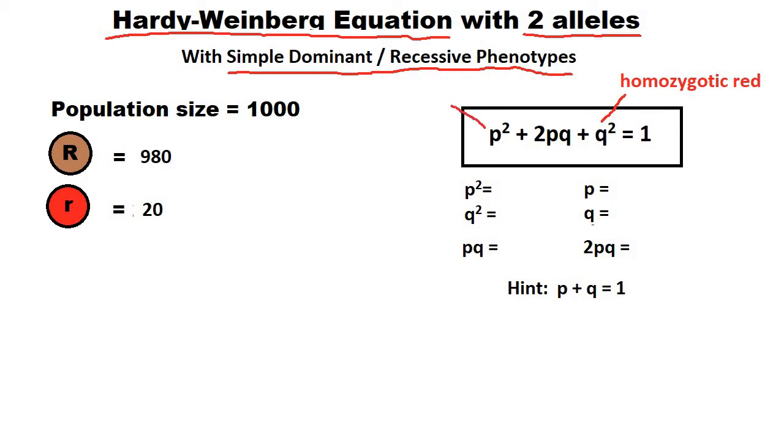This p squared is going to represent homozygotic brown.